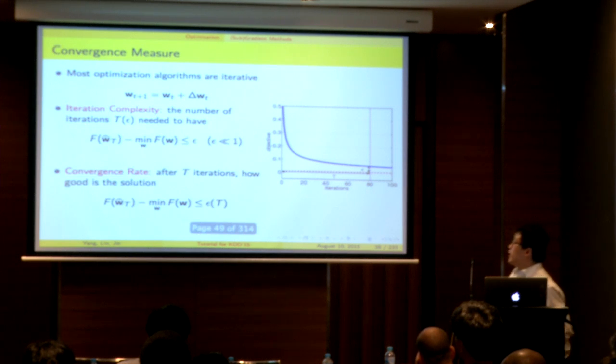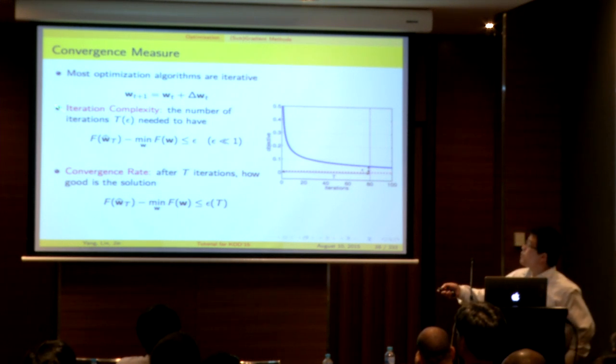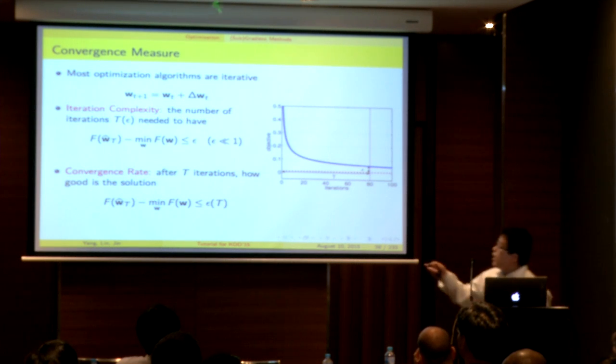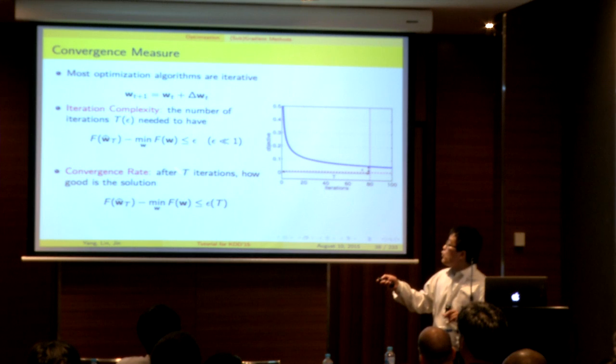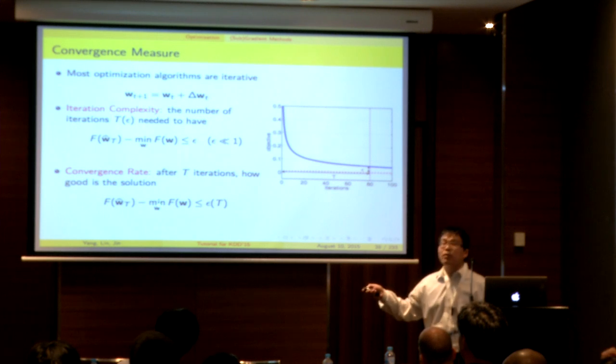And there is a related concept called convergence rate. It's nothing new. It's very similar to iteration complexity. You can obtain one from the other. The difference is that in convergence rate, we state this in a slightly different way. It means that after t iterations, what is the distance from your current objective value to the optimal objective value?